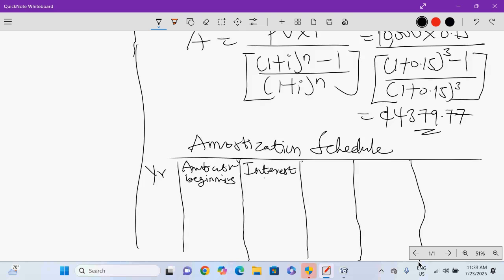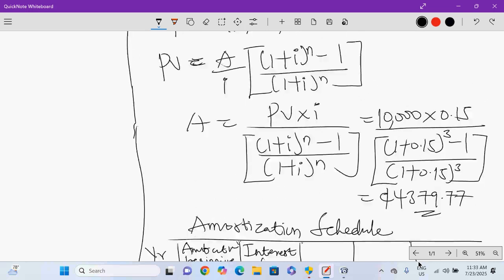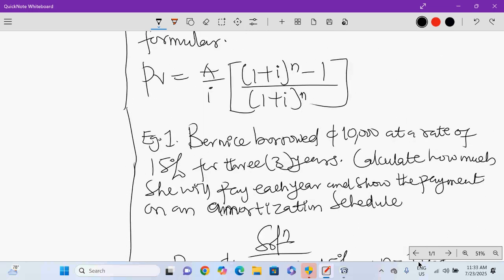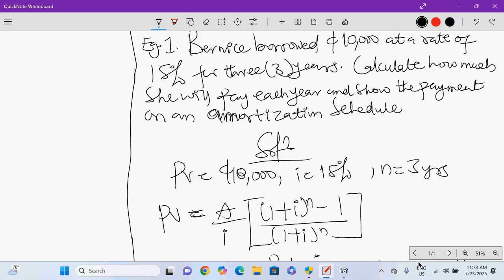What is the interest? The interest is 15%.